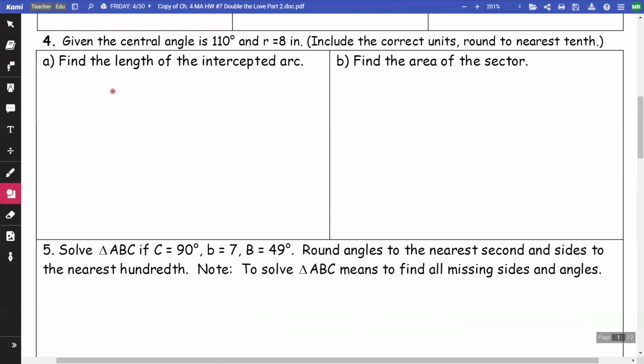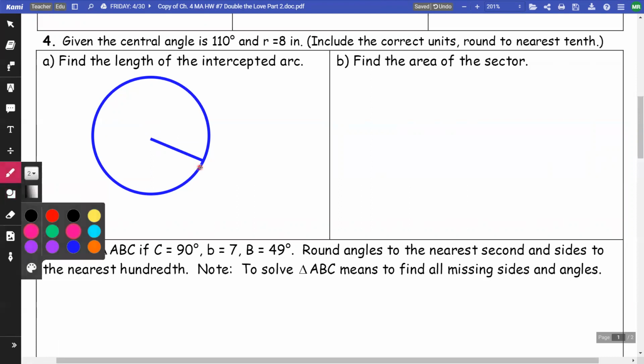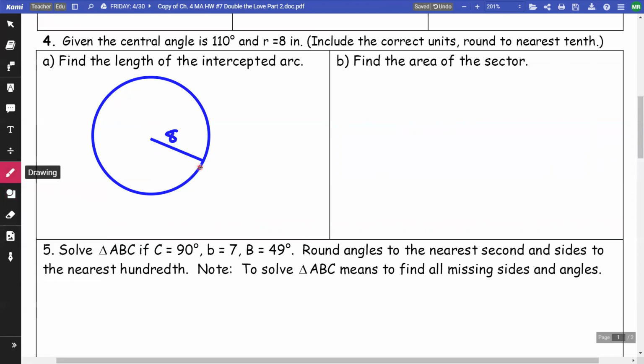For that circle, my radius is going to be 8. And we want a central angle of 110 degrees.